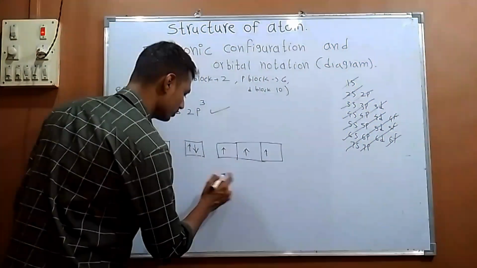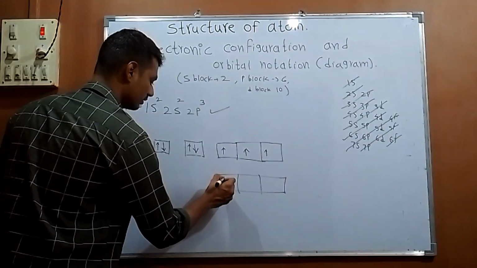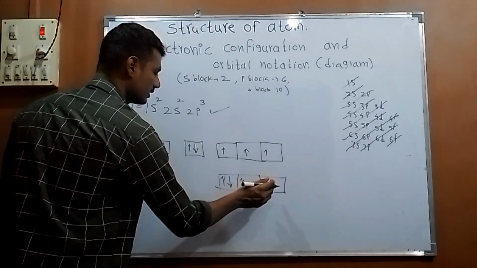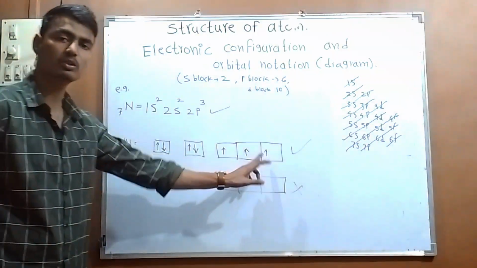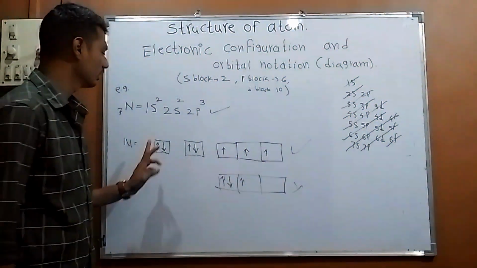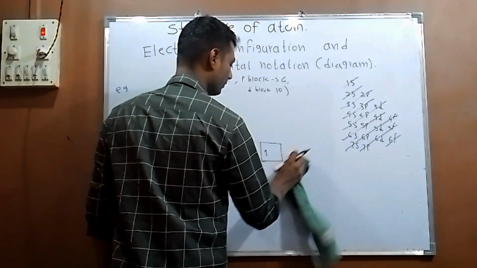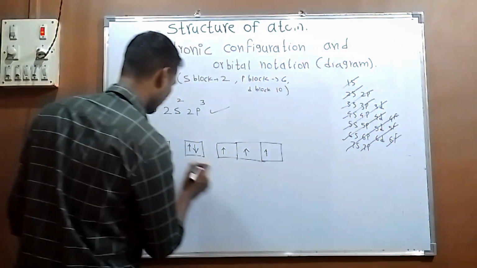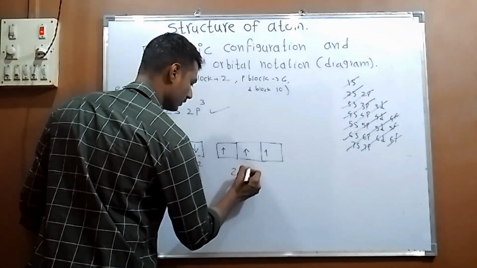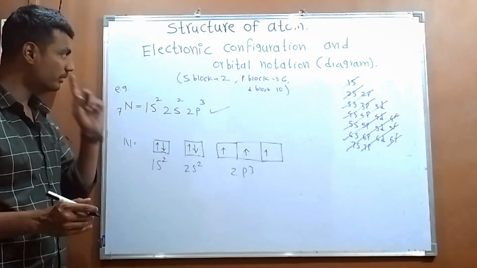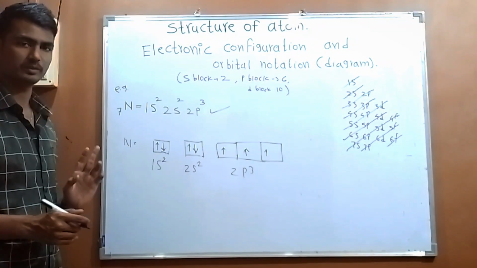If I wrote it like this and this one is empty, then this structure will be wrong, and this will be correct according to Hund's rule. So finally nitrogen's orbital diagram is like this: 1s2, 2s2 and 2p3. This is the correct method to write the orbital notation of nitrogen.